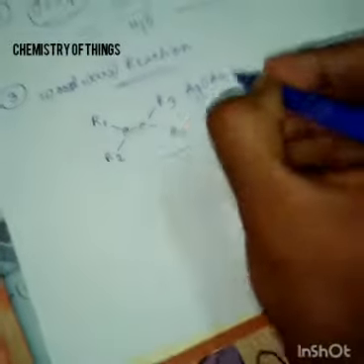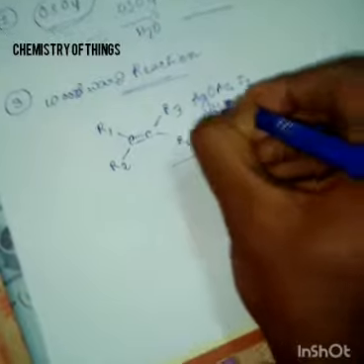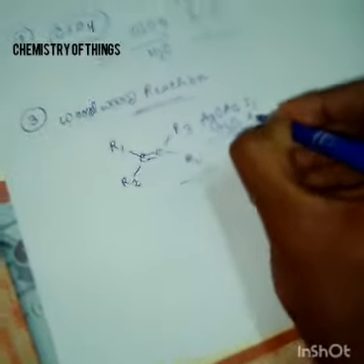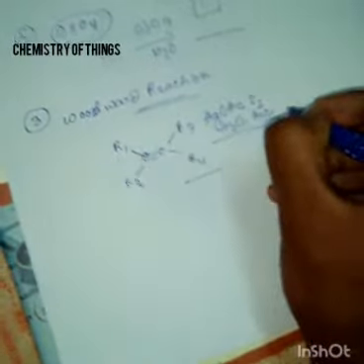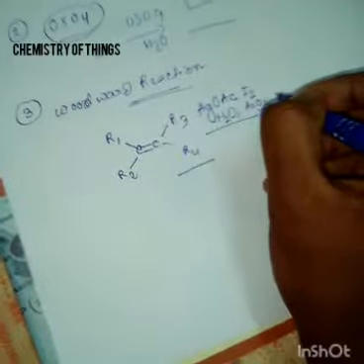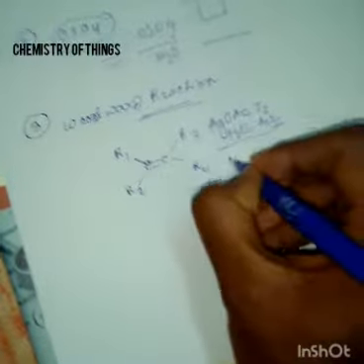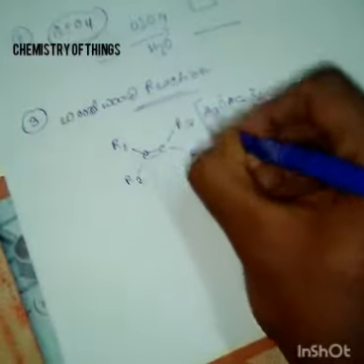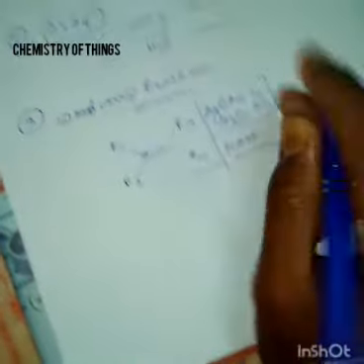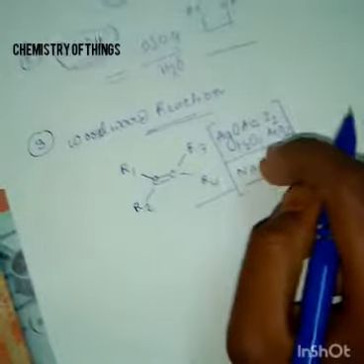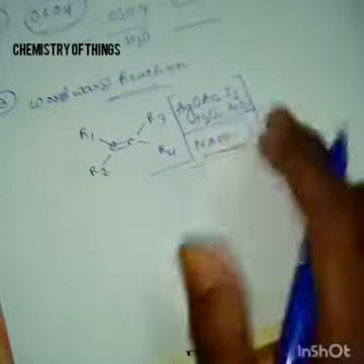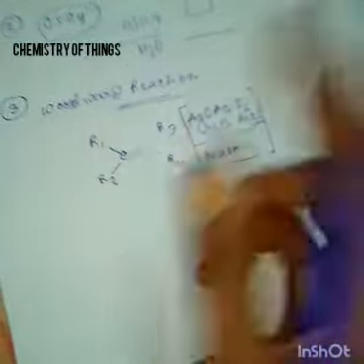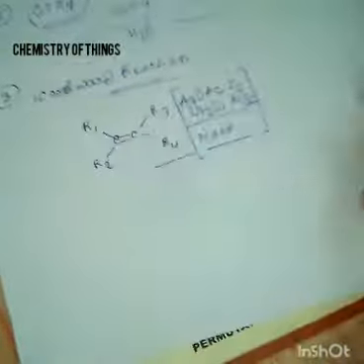AgOAc, then I2 iodine, then water H2O and Ac2O. Sorry, AcO2. Then NaOH. That's it. This is the reagent. I know you can't easily remember this big reagent, but at least if this comes in the exam you can know that this is the Woodward reaction.